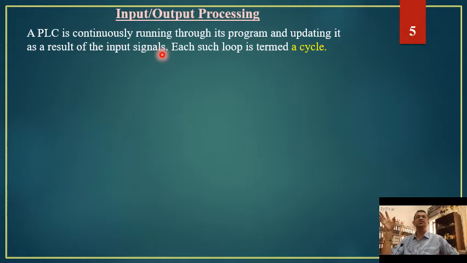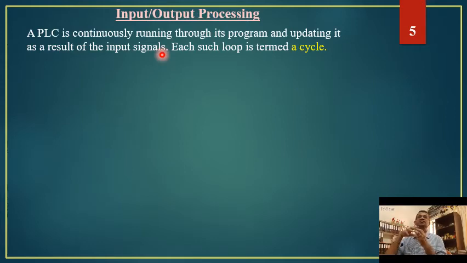So a sensor is continuously sensing a physical property and sending, say, an electrical signal to the PLC. Now, whenever it is sending such signals, the program is to be designed in such a way that it continuously assesses the receiving of the input signals from sensors.